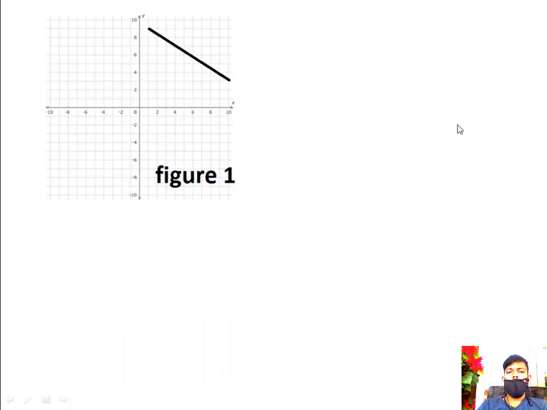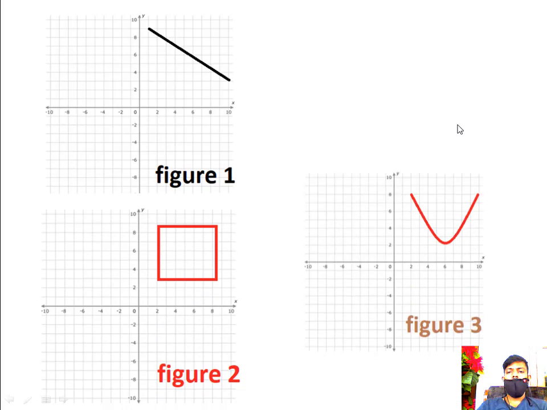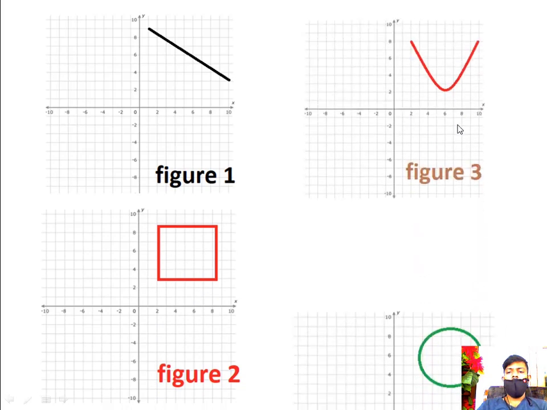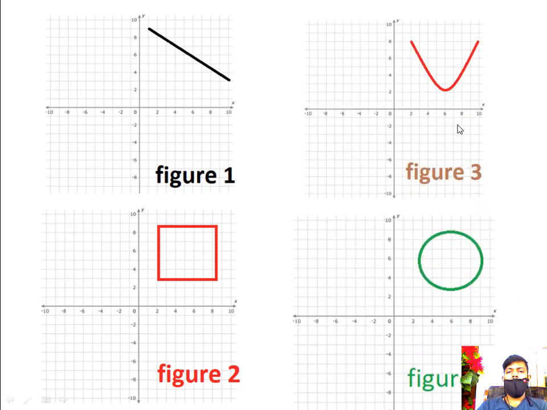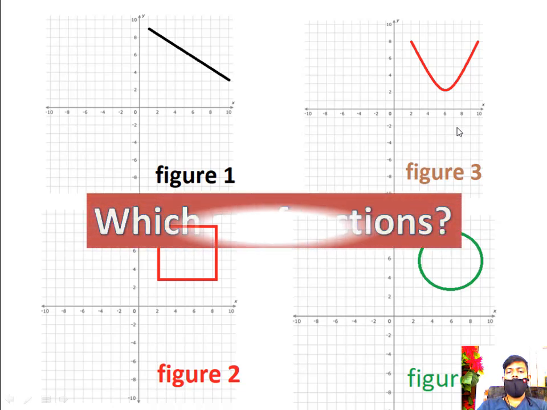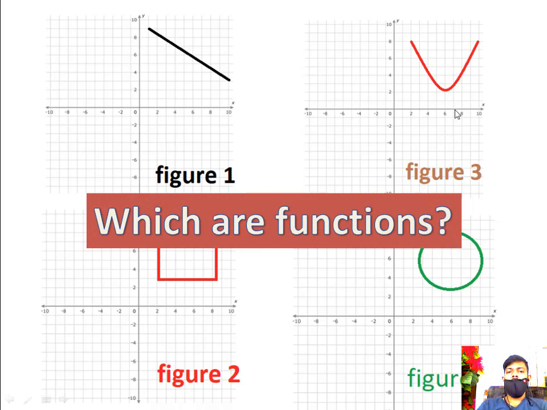Given there are 4 figures. Look at this: figure 1, figure 2, figure 3, figure 4. Can you say which is the example of function or which are the functions? By vertical line test, we can say which figure satisfies the condition of function.